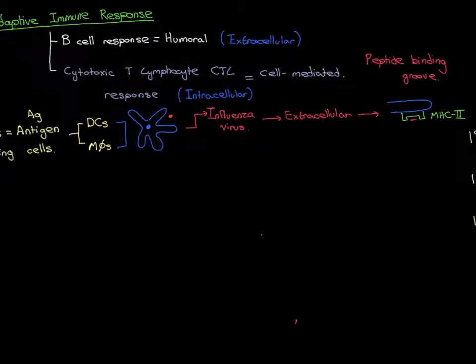There'll be loads of other dendritic cells all over the respiratory tract and loads of other macrophages all over the respiratory tract that will also be phagocytosing influenza viruses, cutting up all the proteins into little fragments and sticking them all over their surface on MHC class 2 molecules. So you will get loads of antigen-presenting cells covered in MHC class 2 molecules with different peptide fragments of the influenza virus antigens in their peptide binding grooves.